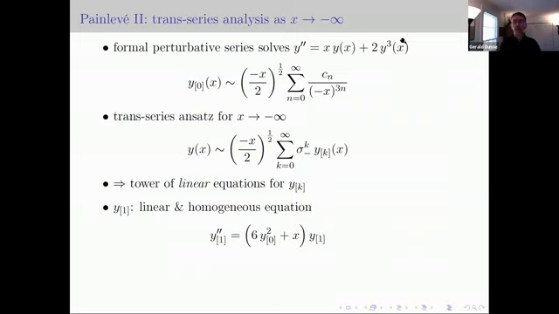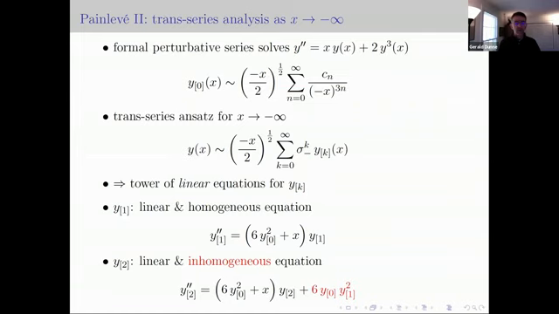In this particular case, of course, the linear part doesn't change. There's just x times y1. But when I expand this to leading order in y1, I pick up a y0 squared times y1 term with a factor 6. If I now go to y2, an important comment is that for y2, it's of course linear, but now it's inhomogeneous for the second order equation.